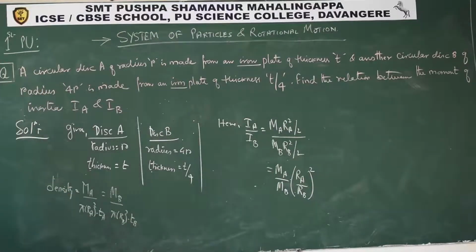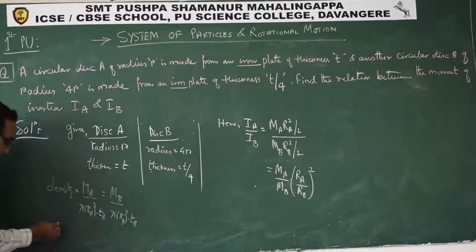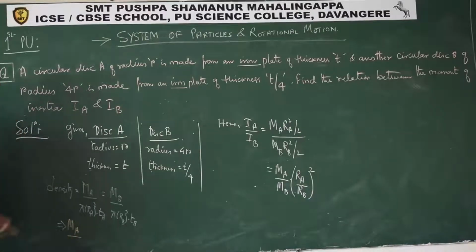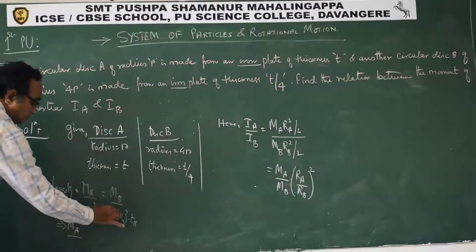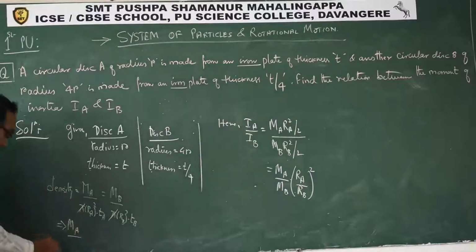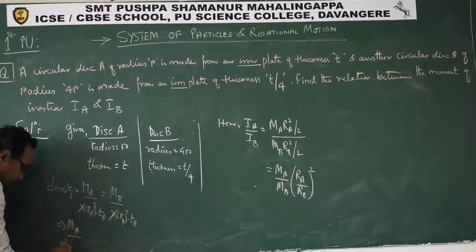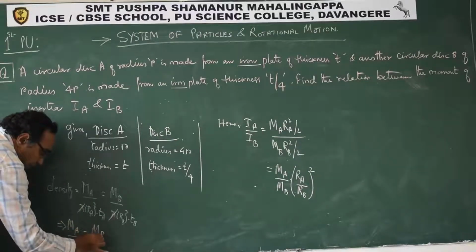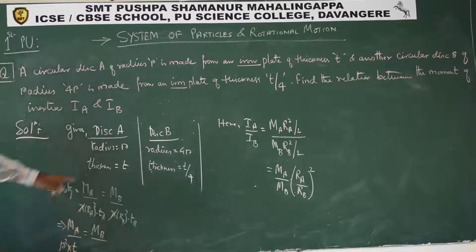So now let us simplify. If we simplify from this, what we get? ma upon pi cancels out. What is RA? Radius is r, so it is r square and thickness is t. This is mb upon, what is the radius of b?